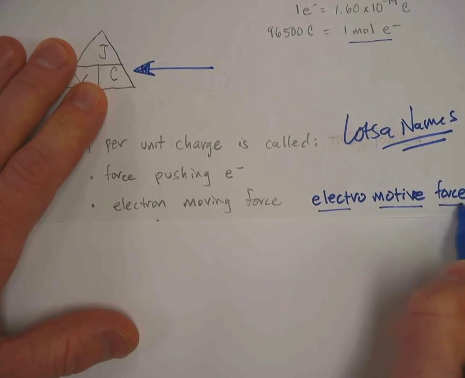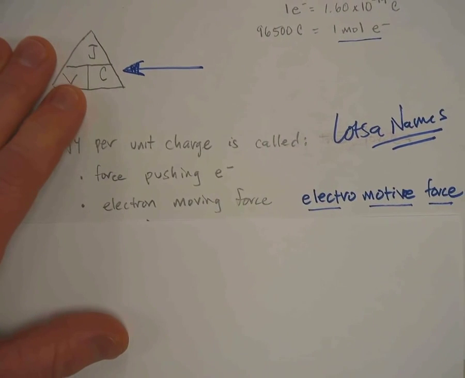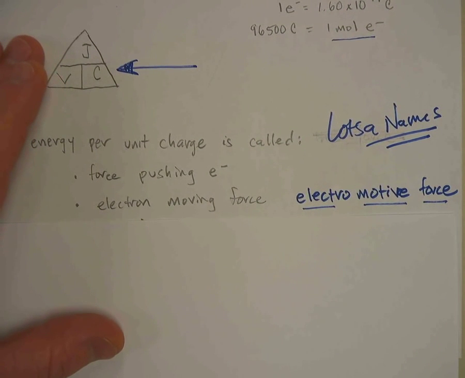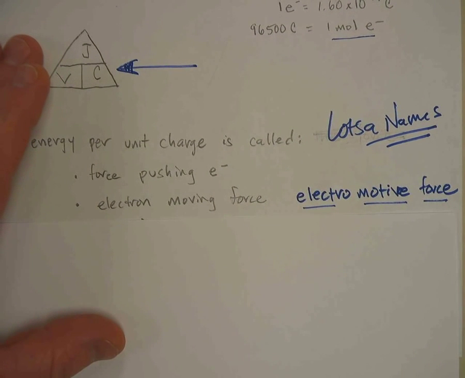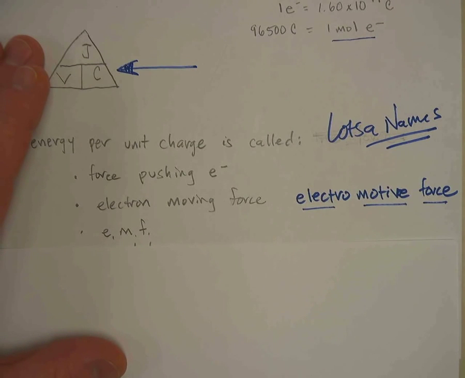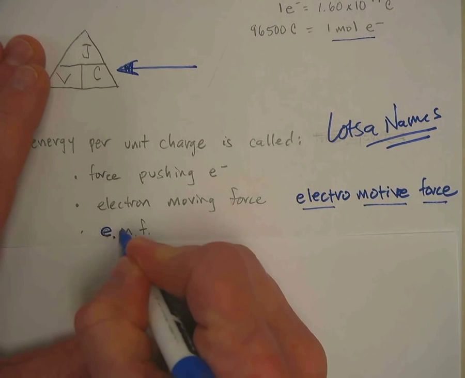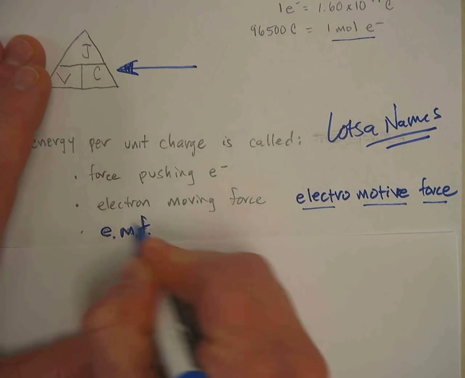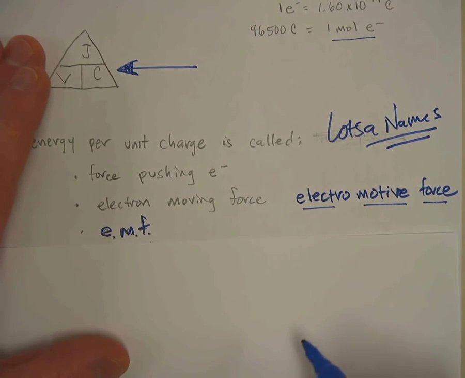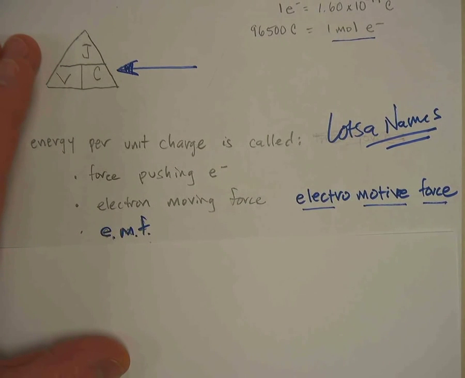Electron moving force. But they want to call it electromotive because that sounds really fancy. Since people don't want to say electron moving or electromotive force all the time, they sometimes come up with an abbreviation. They call it the EMF. That stands for electron moving force or electromotive force. EMF. Okay, that's the energy per unit charge.